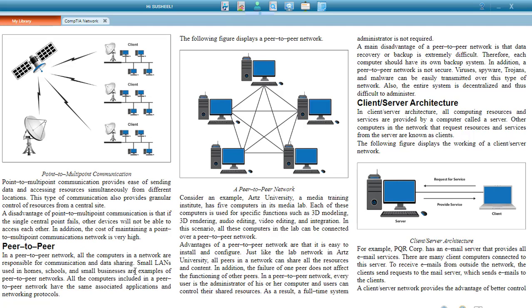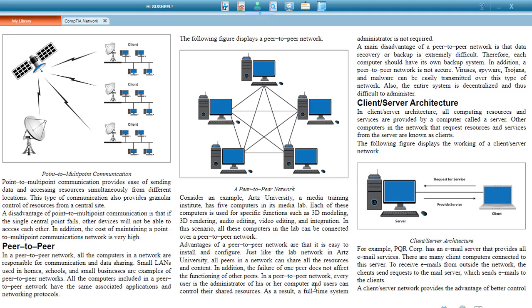Peer-to-peer. In a peer-to-peer network, all the computers in a network are responsible for communication and data sharing. Small LANs used in homes, schools, and small businesses are examples of peer-to-peer networks. All the computers included in a peer-to-peer network have the same associated applications and networking protocols. The following figure displays a peer-to-peer network.